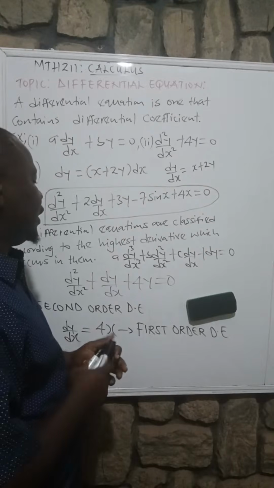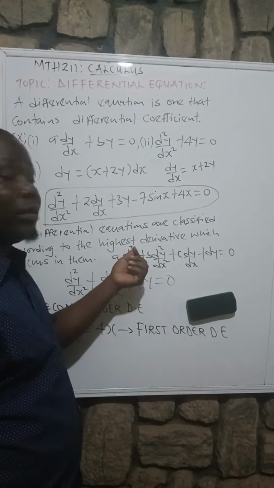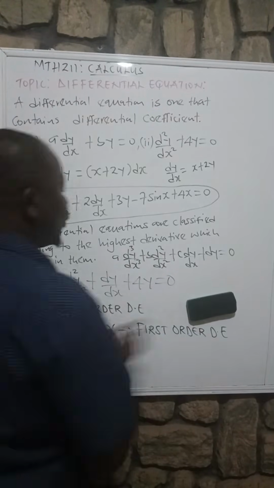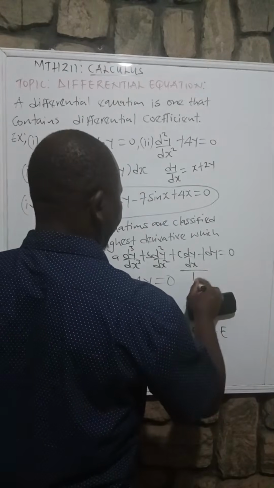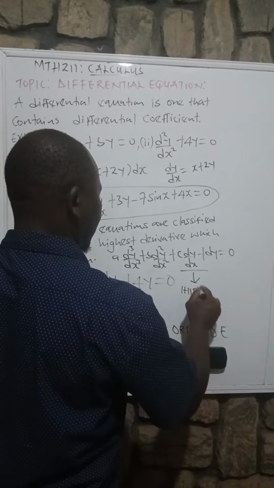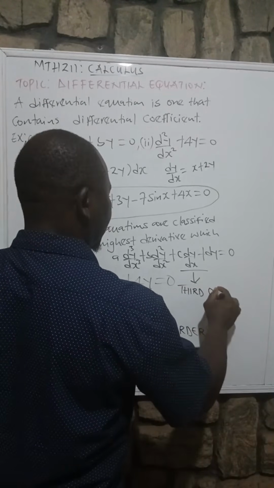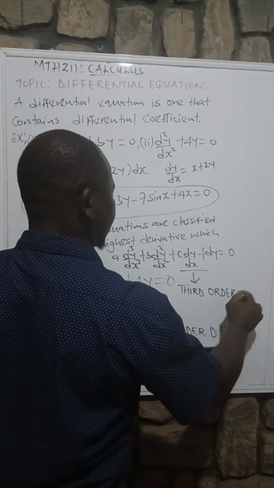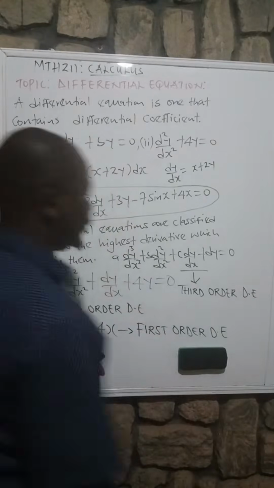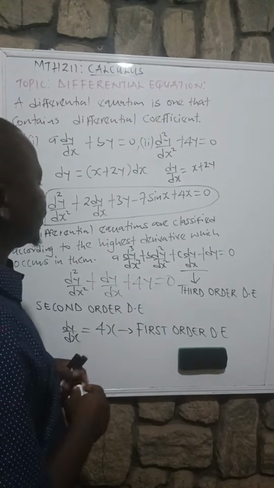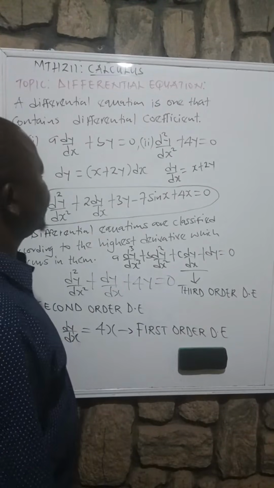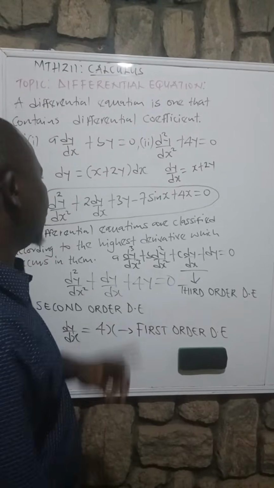You can now see that the highest derivative here is 3. True or false? It's 2, right? So we now call this what? Third order DE. Is that clear? So please always take note. This is third order differential equation. Are you following? So take note.